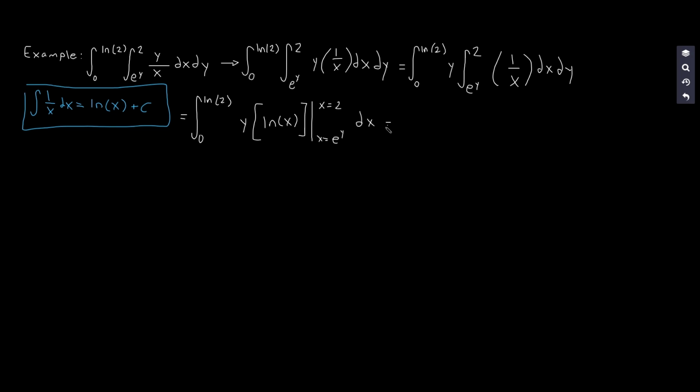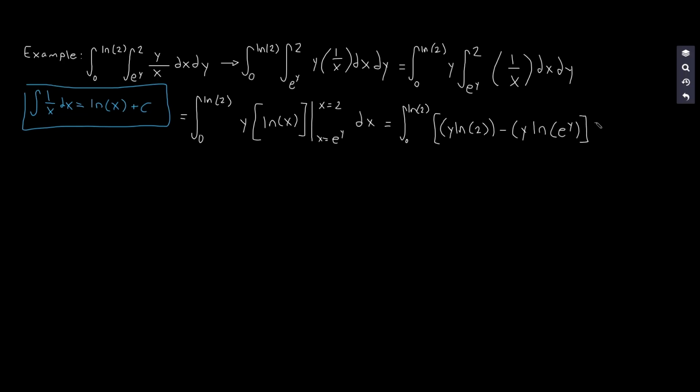So now at this point, I'm going to evaluate these things at the bounds. So I'm going to have the integral from 0 to the natural logarithm of 2 times, well, I could do it like this: y times the natural logarithm of 2, that's the upper limit of integration, minus y times the natural logarithm of Euler's number raised to the power of y.